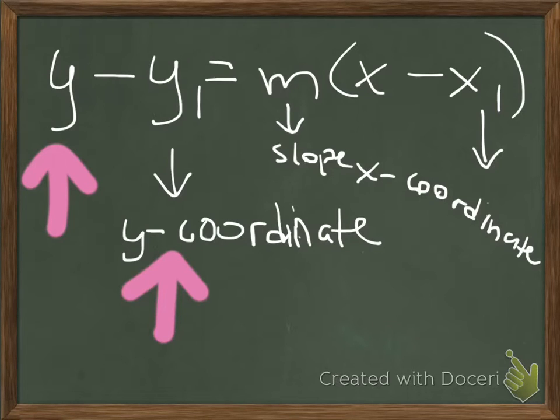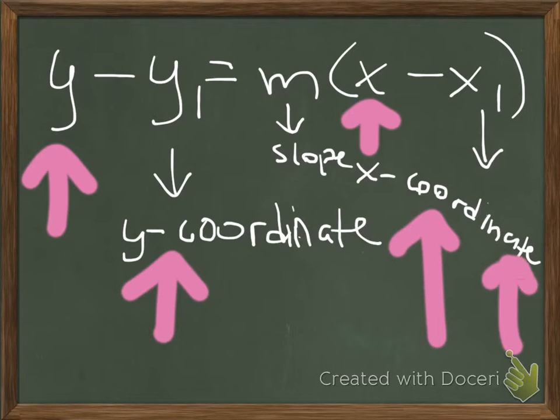And then for m, per usual, you're going to plug in the slope. Then you have an x in parentheses, and x is going to stay as x. And then you have x sub 1, which in this case is going to be the x coordinate of the point, hence point-slope form. You're going to have one ordered pair or point and the slope.